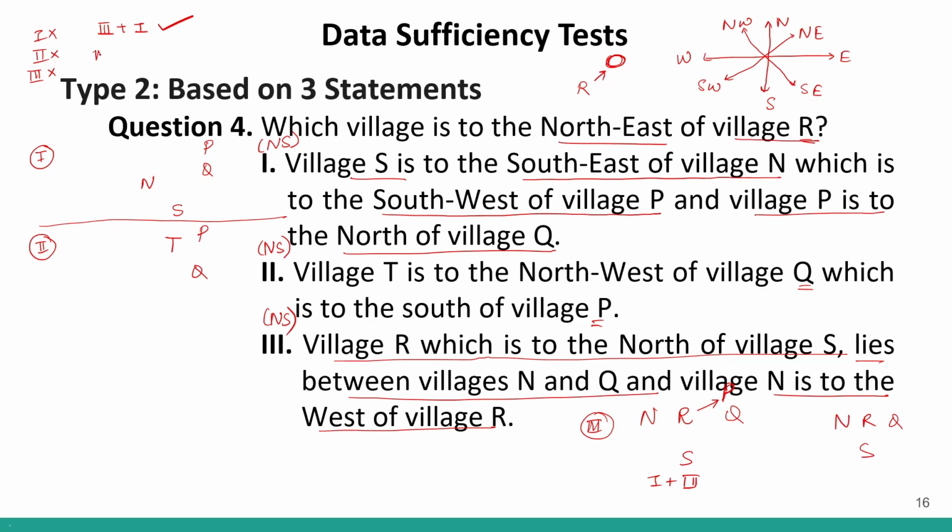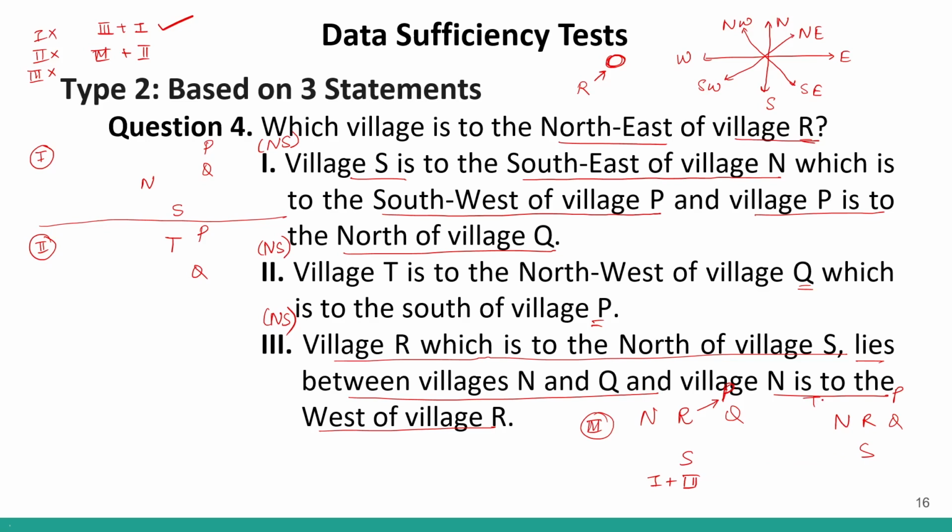Now let us look at the third and 2. Third plus 2, we know the positions of T, P and Q. So P is above Q. Correct? It is given to us that T is to the northwest of Q. So T can be anywhere over here, above this.